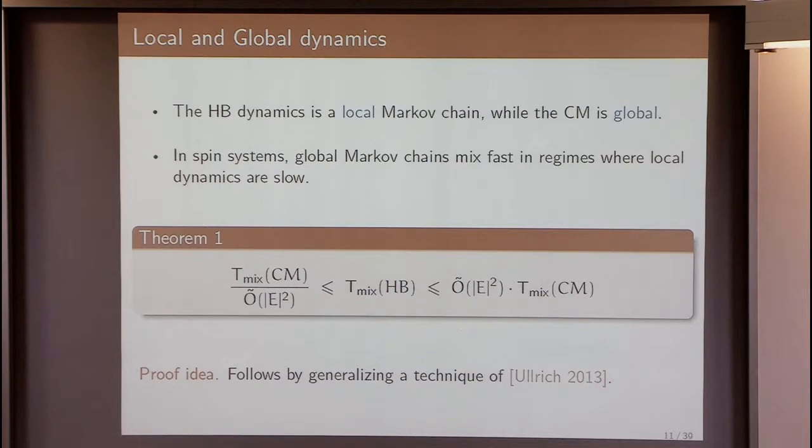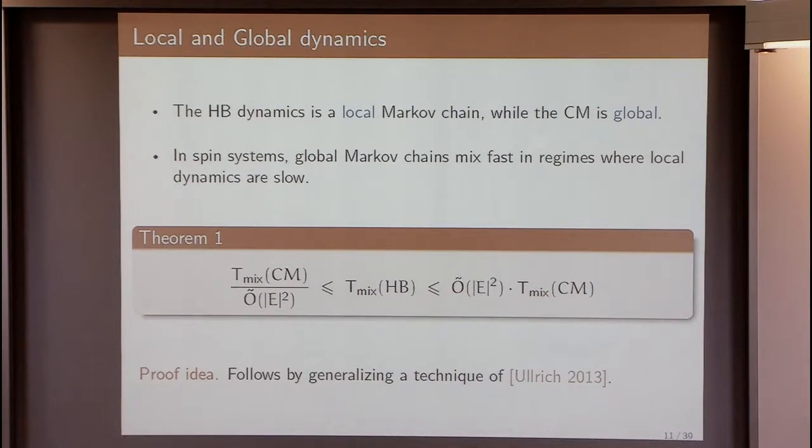But our first theorem shows that this is not the case in the random cluster model. It is a comparison inequality between the mixing time of the heat bath and the Chayes-Machta dynamics. It shows that if we have an upper bound for the mixing time of the global Markov chain, then we get an upper bound for the heat bath, and the same for the lower bound.